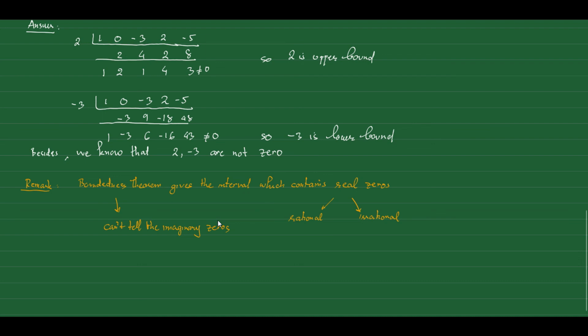I use that term so no one is confused between complex, real, unreal, rational, and irrational. It cannot tell anything about imaginary zeros because this is interval notation on the number line, and you cannot put i on the number line. It doesn't mean anything.